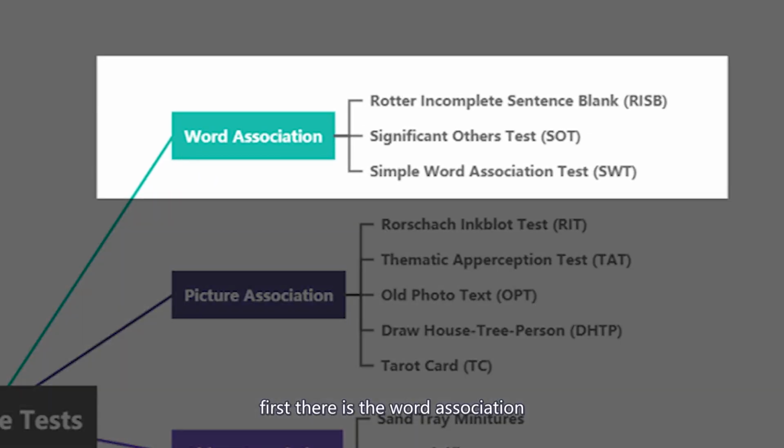First, there is the word association that includes the Rotter Incomplete Sentence Blank, RISB. We're going to talk about this later. And then the significant others test, and also the simple word association test. Basically, just the word. Writing a sentence, think of something with a stem word. That's called a word association.